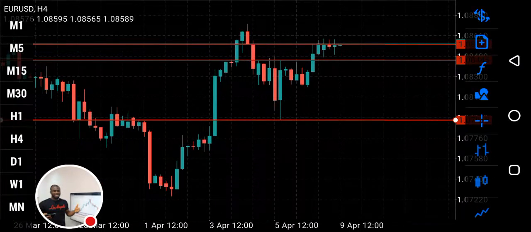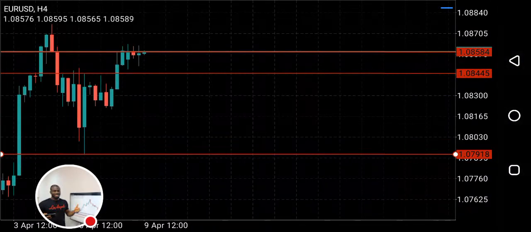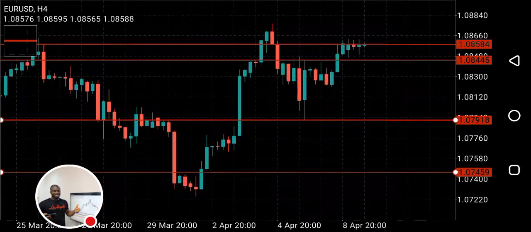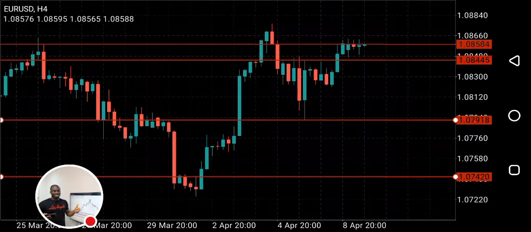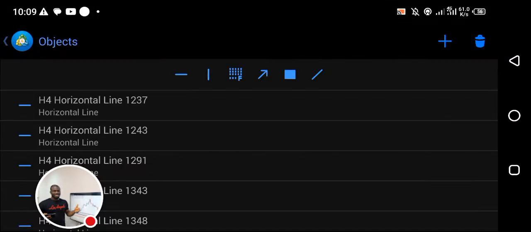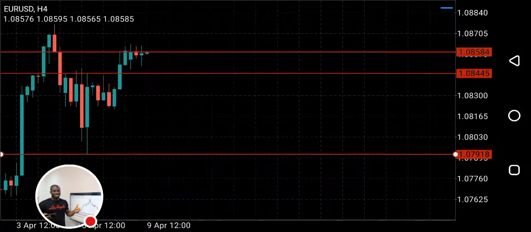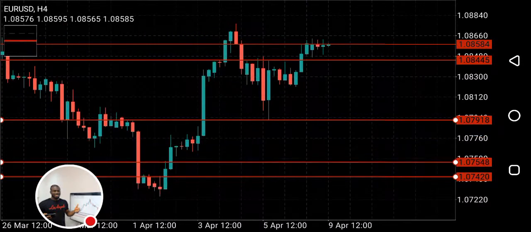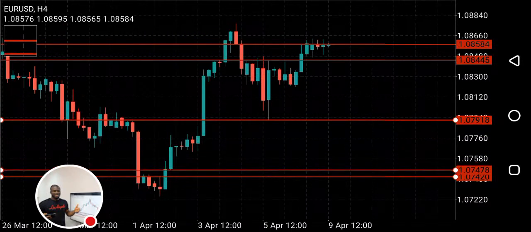We have a fair value gap here. You can see this gap here. It's likely they will push price down to this level.